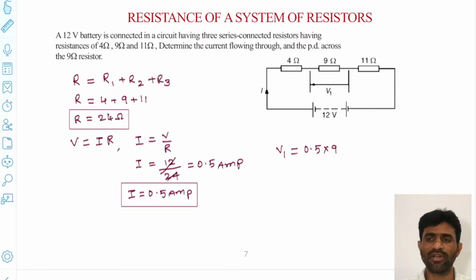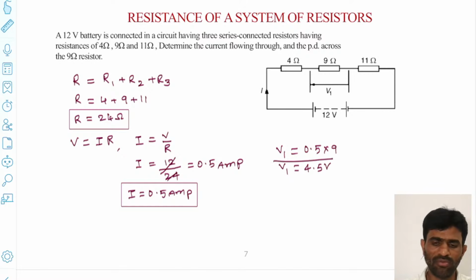So the total current, 0.5 amperes, we have to multiply by 9 ohms, which is 4.5 volts. So this is the voltage across 9 ohms.